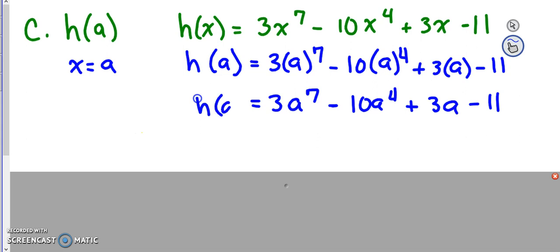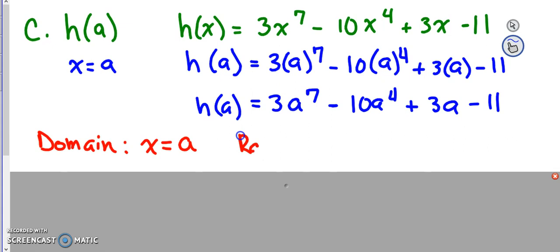And again, we're going to write out domain and range. And again, here we kind of already wrote it down. It's going to be x equals, that's your quote-unquote x value. We're substituting a into that. And then your range, this one's going to be a little bit longer than before, just a little bit.